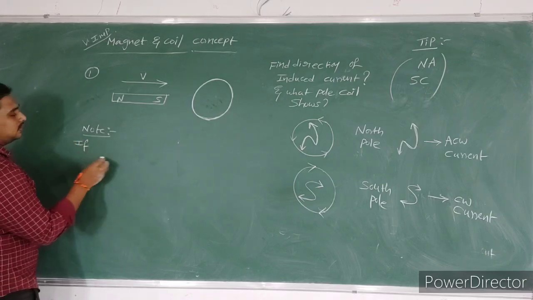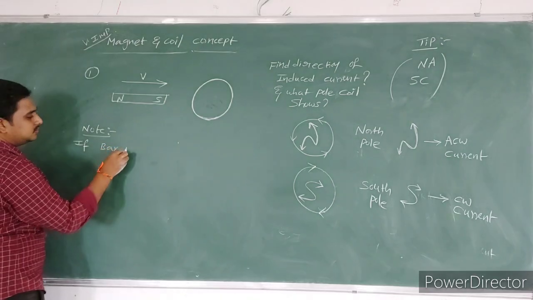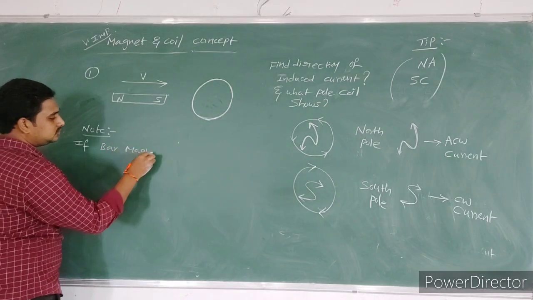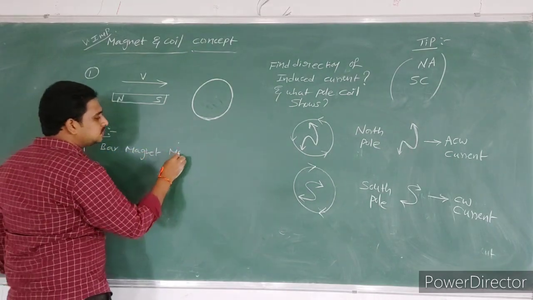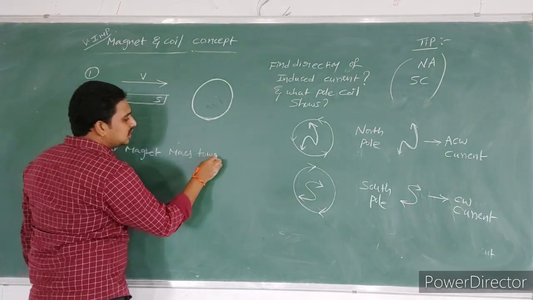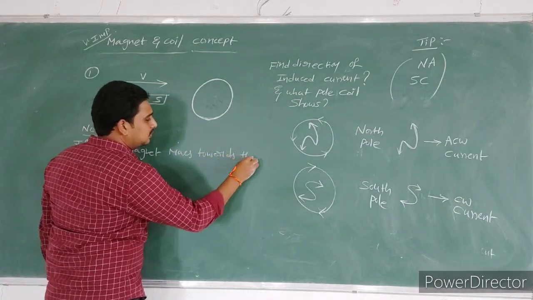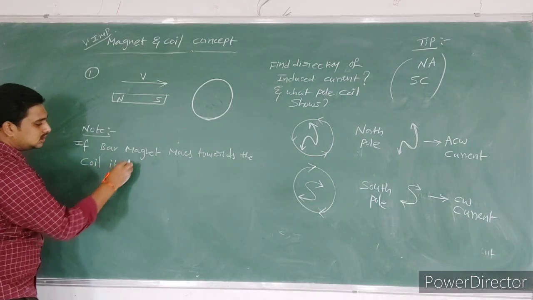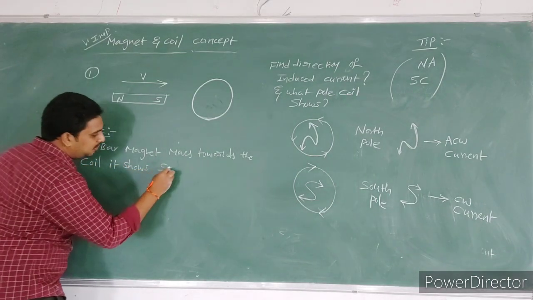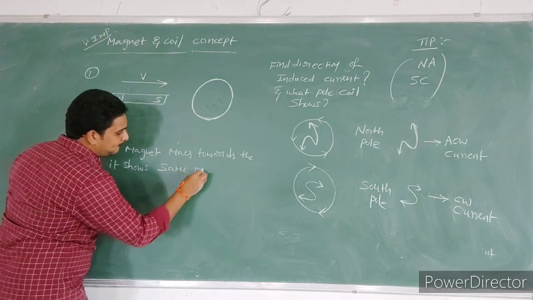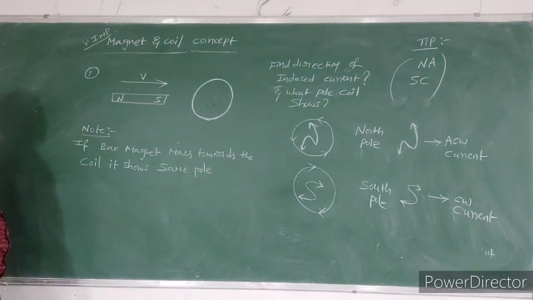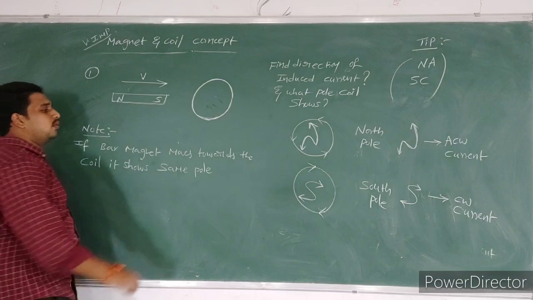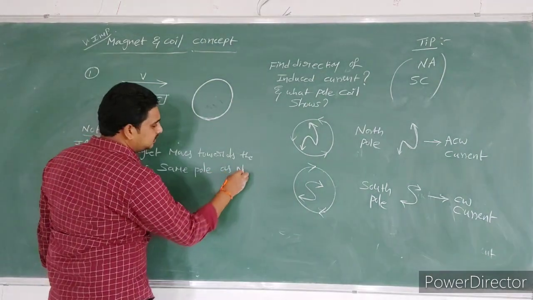If a bar magnet moves towards the coil, it shows the same pole as the nearer end.